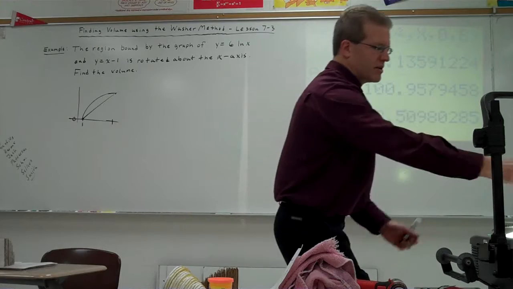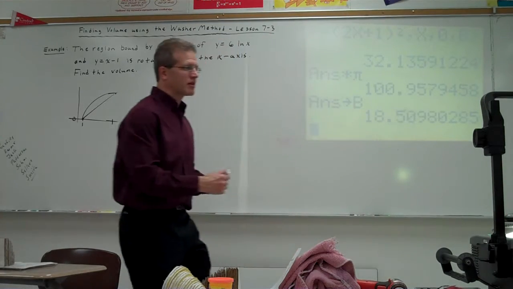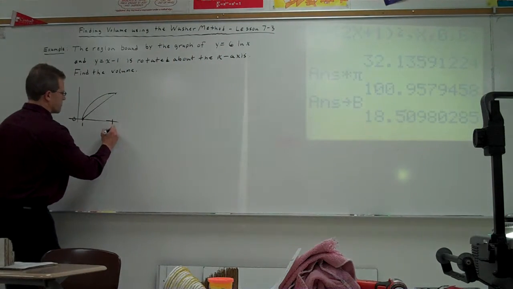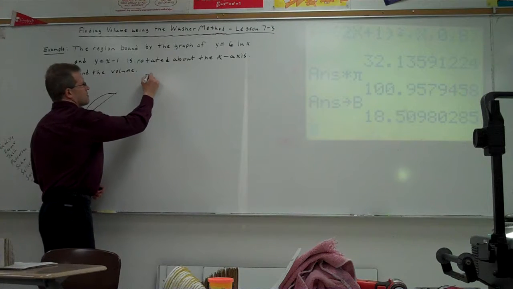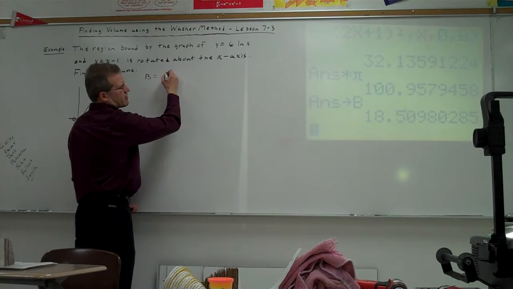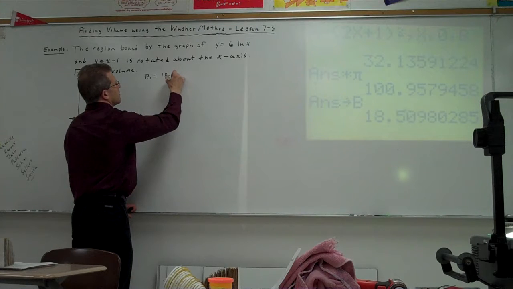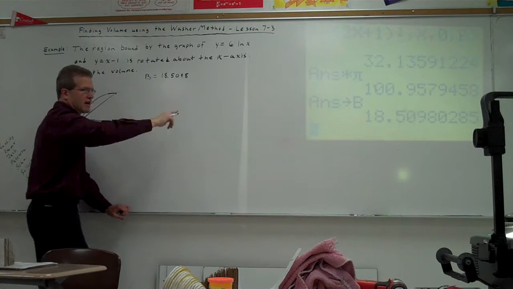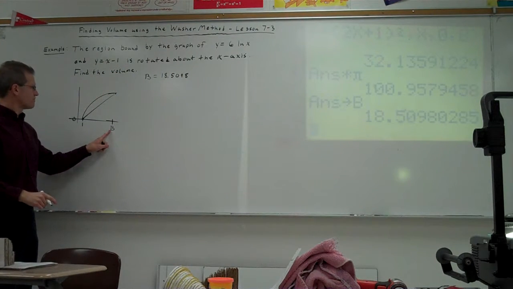Now every time I hit alpha B, the calculator knows that's the number I'm talking about. So let's say we're going to go from 0 to B. Let's write that down. Let's say B equals 18.5198. But we know that we've got that entire decimal stored there for B.